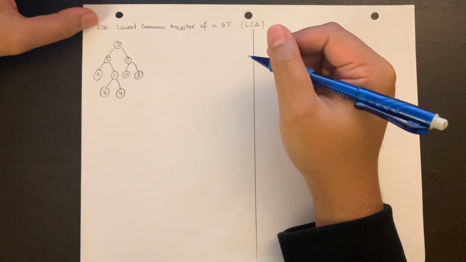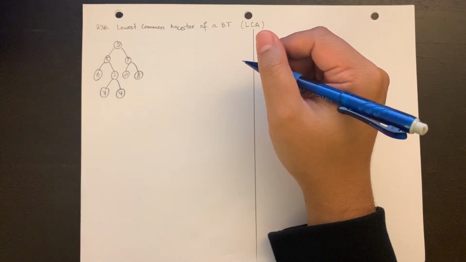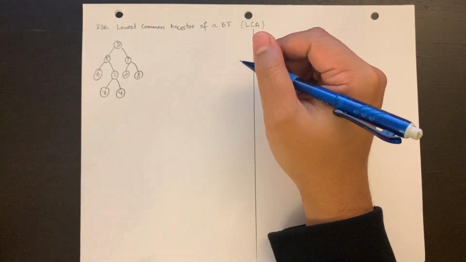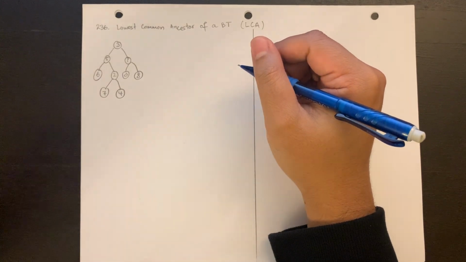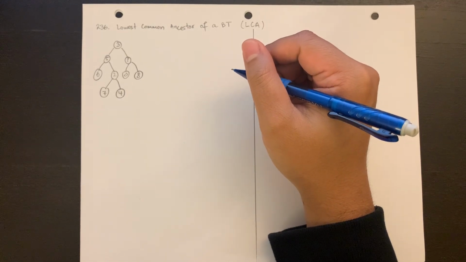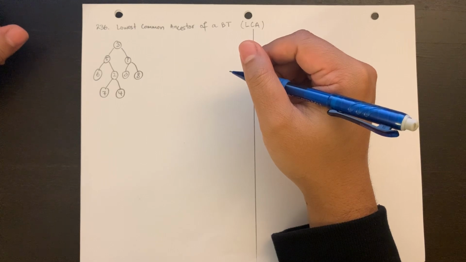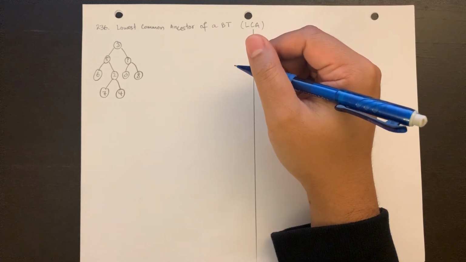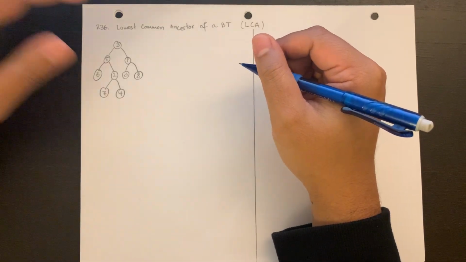Since I'm doing this to prepare for my interview, during the interview the interviewer expects you to ask more questions, or maybe the interviewer doesn't even give us any example at all. So I need to ask the interviewer for a couple of examples.